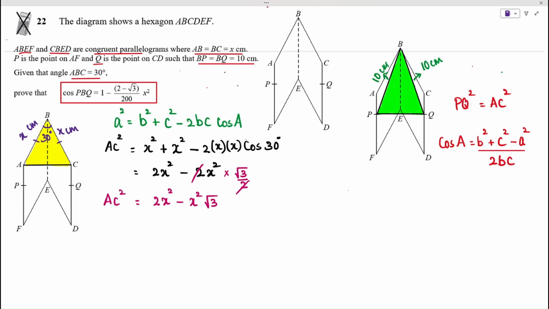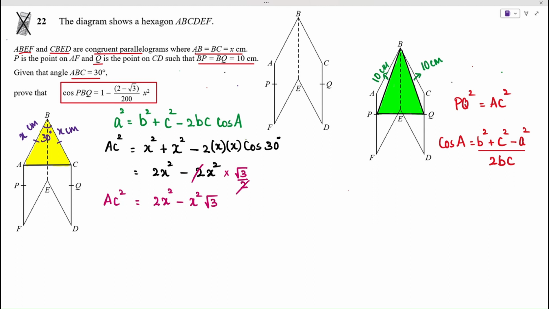Now, let's substitute our values. The reason we didn't square root AC is because we're going to square PQ anyway, and since AC squared is equal to PQ squared, there's no point in square rooting it. So let's substitute our values in.